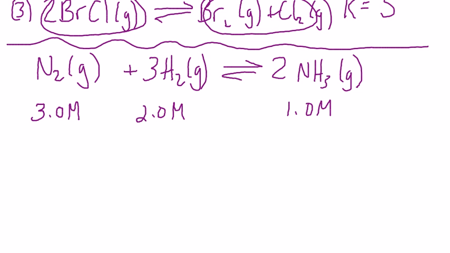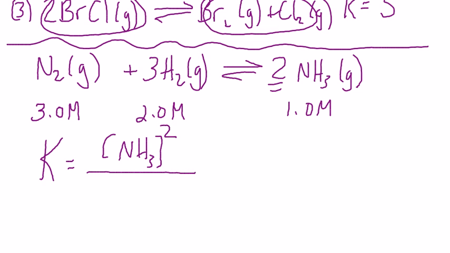How do you figure out what the equilibrium constant is? Well, the equilibrium expression can be written directly by looking at the balanced chemical equation. We take the products, in this case NH3, and we raise them to their coefficient's power. You divide the products by the reactants multiplied by one another.